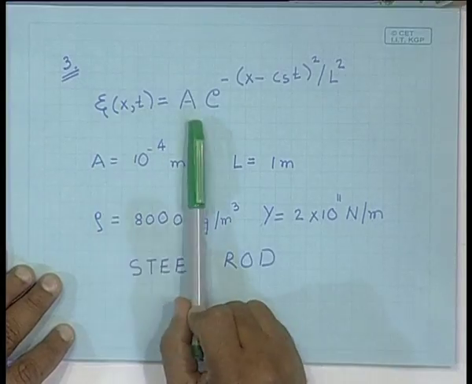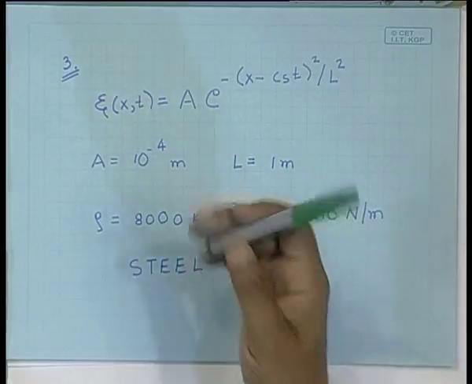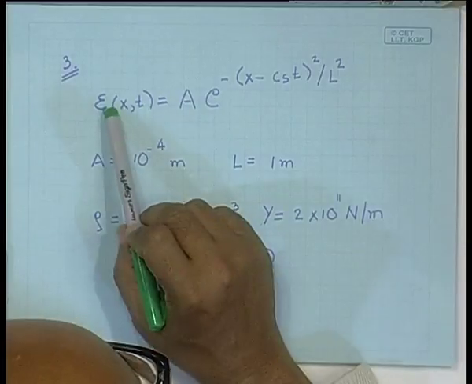The length of the steel rod is aligned with the x axis. So, the disturbance varies along the x axis and it evolves with time. And the functional form of the displacement of the disturbance is given over here. Xi represents the disturbance, which is a displacement in the same direction, along the x direction.